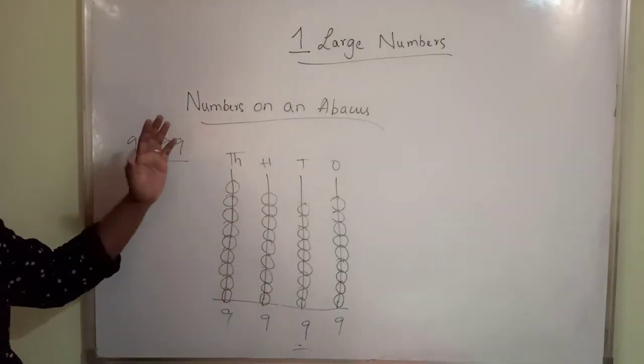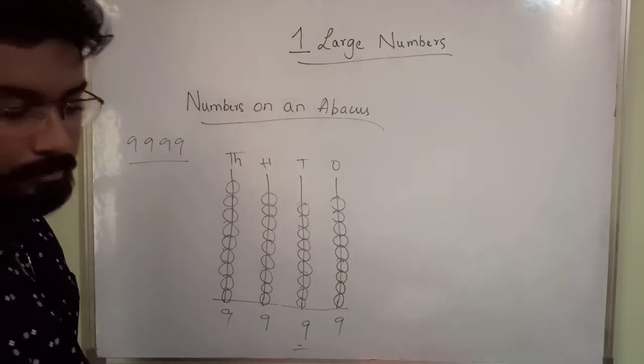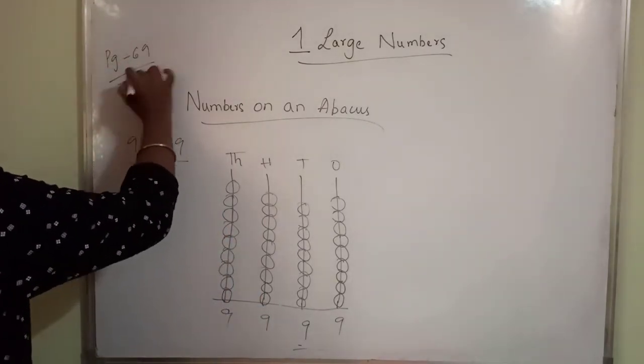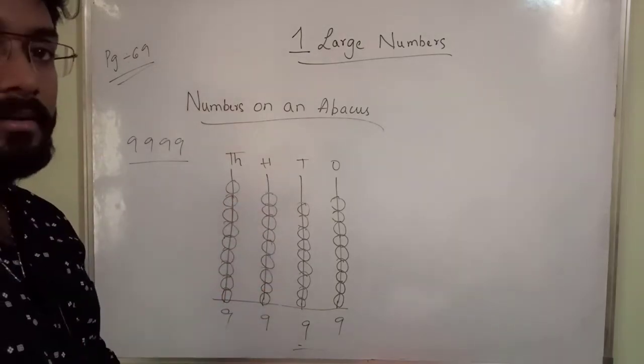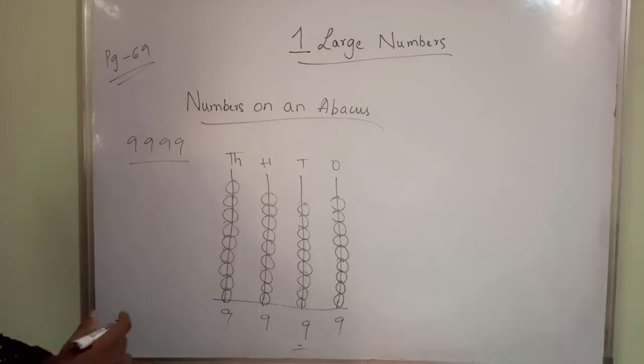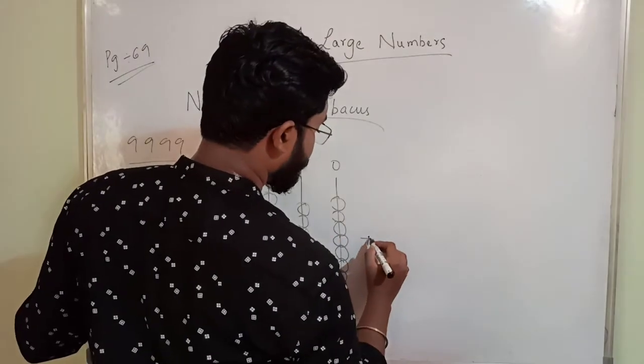I can't represent it on the board, so see your textbook page number 69. You can clearly understand each rod has a different color. That's how you have to remember how to arrange them in the abacus. So plus 1.